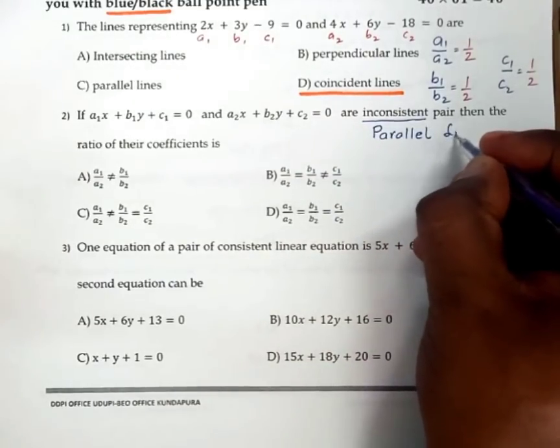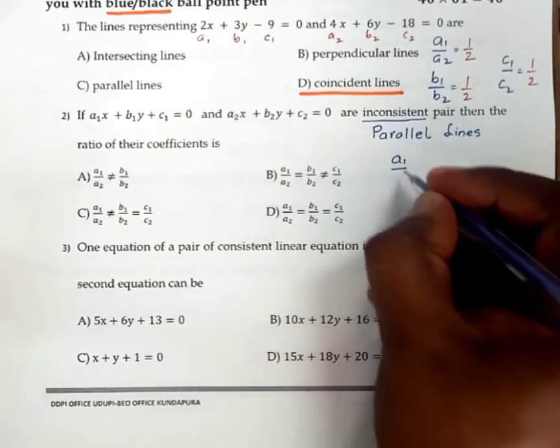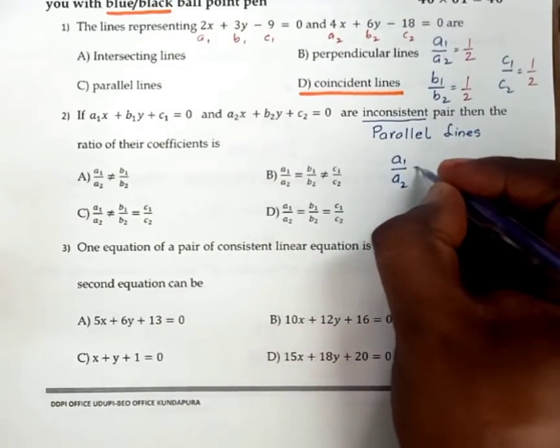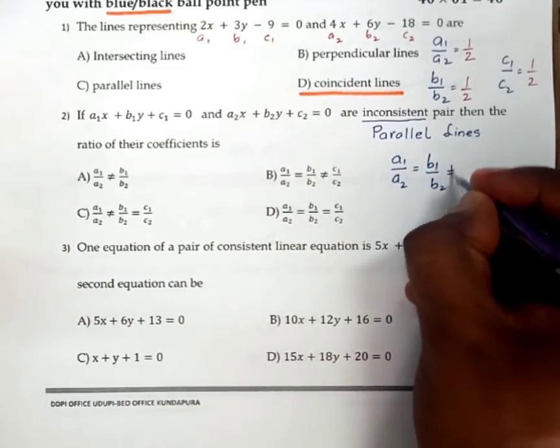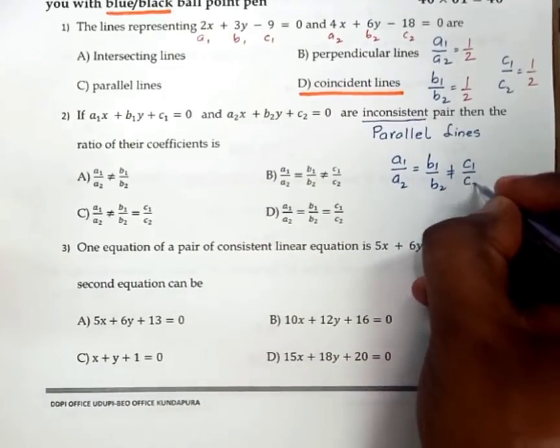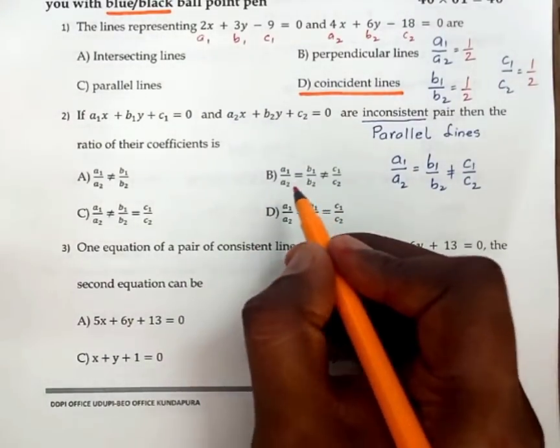What is the condition for parallel lines? The condition for parallel lines is a1 by a2 equals b1 by b2 not equal to c1 by c2.